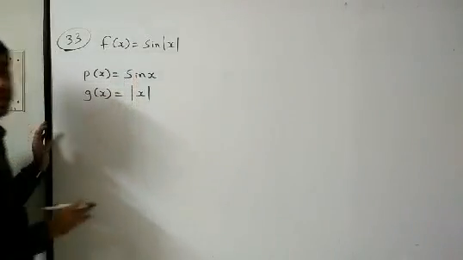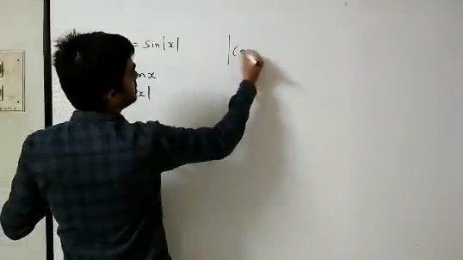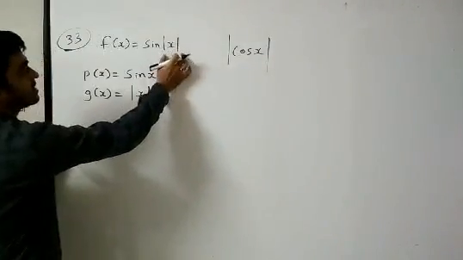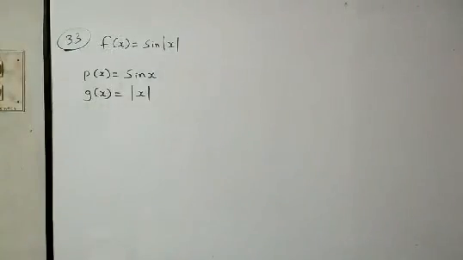Why I have done that? Because here that whole cos x was in modulus. ठीक है, पर यहाँ पे सिर्फ जो एंगल है sin x, so that is in modulus. So here I have written like this way.